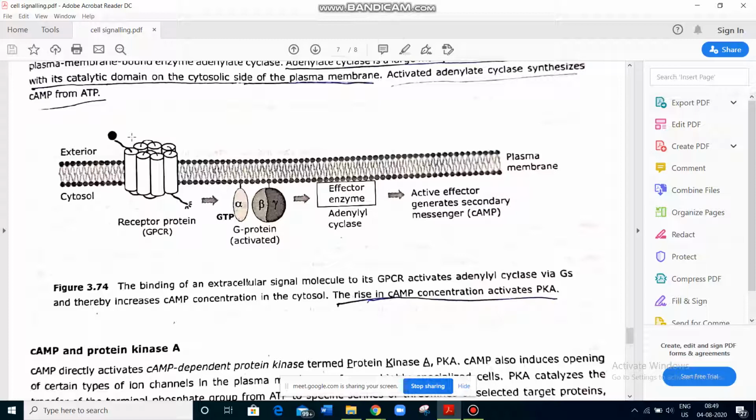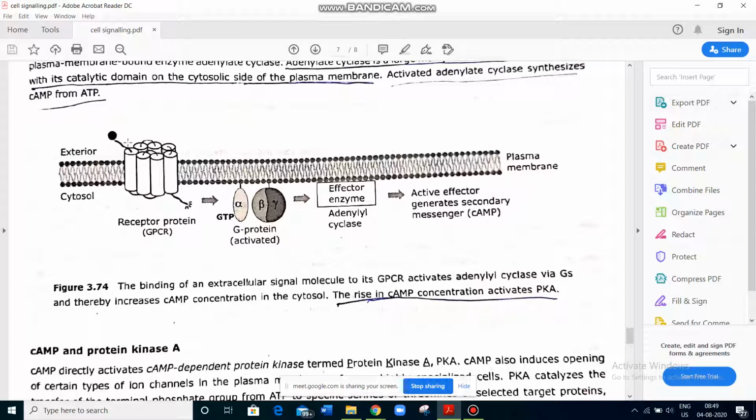This activated G protein can activate the adenylyl cyclase enzyme, the effector enzyme, and that active effector enzyme will generate cyclic AMP, the second messenger. This cyclic AMP can move to the nucleus and send the message of the signal molecule to the genetic constituent, that is DNA or RNA. So cyclic AMP will carry the message from the signal molecule to the intracellular target site, DNA, RNA.